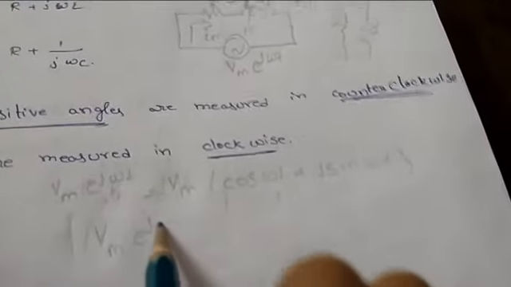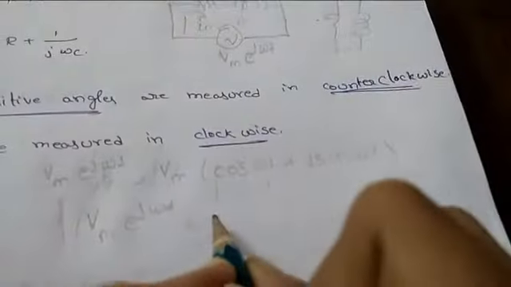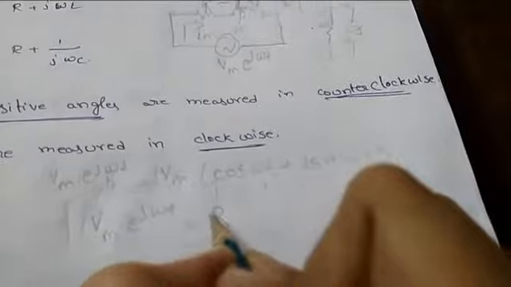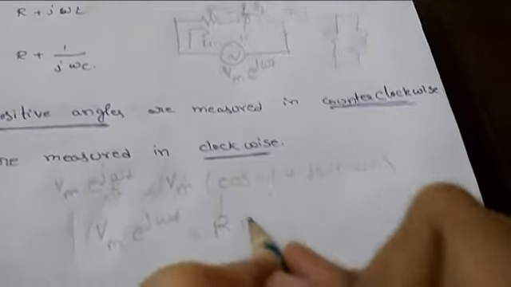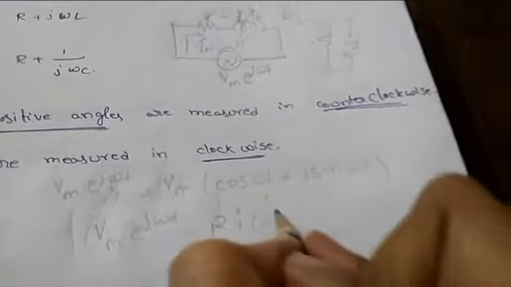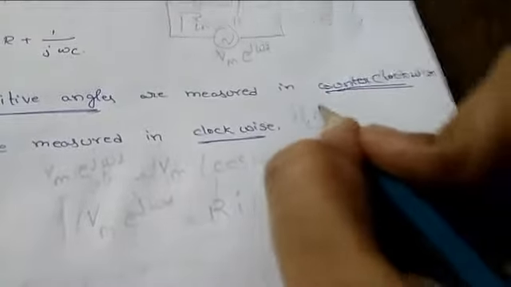So Vm e^(j omega t) will be equal to, first of all, the resistor drop R into, for the time being, I of t. So this I of t will be Im e^(j omega t).